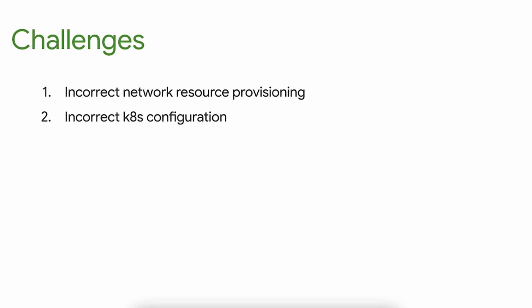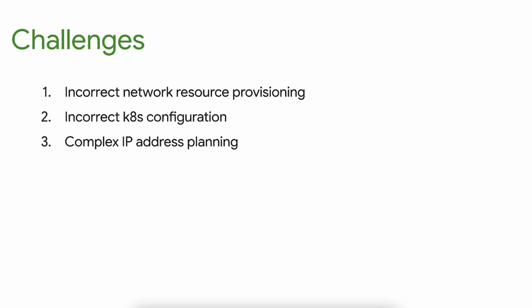Incorrect Kubernetes configurations. Errors in Kubernetes configuration files, like YAML manifests, can lead to improper service definitions or incorrect network policies. This could create issues such as DNS failures, where pods cannot discover services, or service discovery issues due to mismatched selectors. Complex IP address planning.